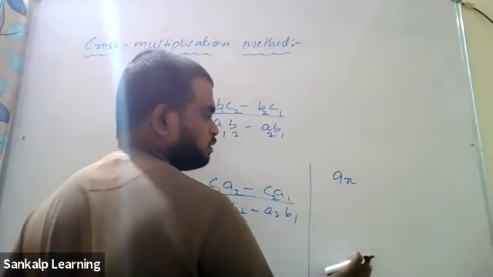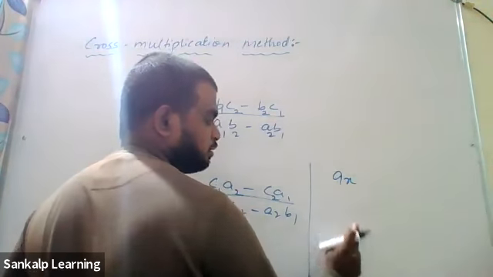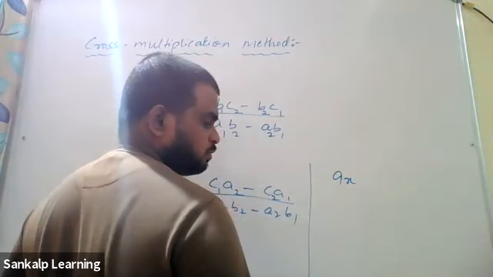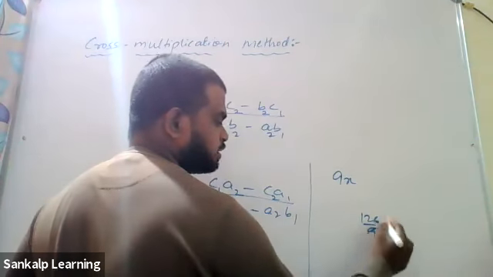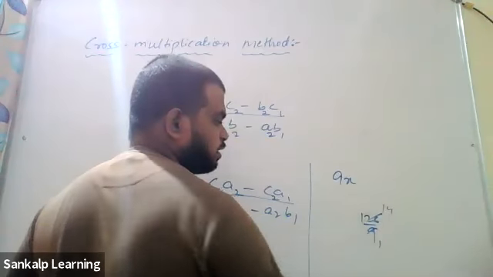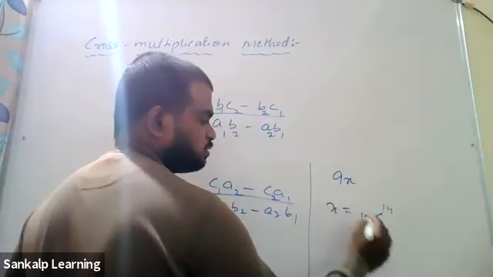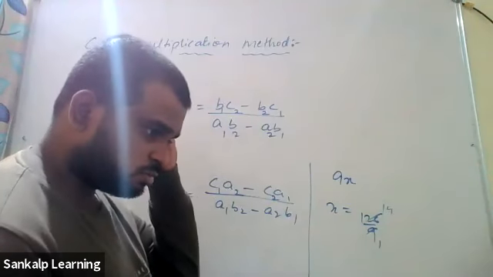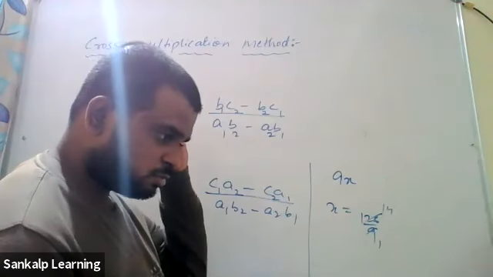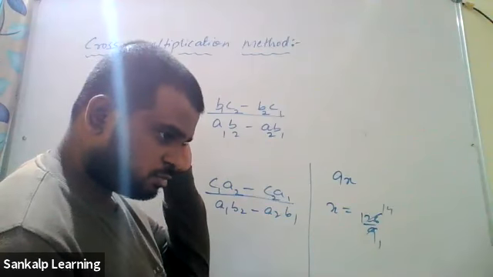The answer is 126 divided by 9. 9 ones are 9, 9 fourteens are 126, therefore 14 will be the answer, sir. X is 14, yes. But you told we should do 108 minus 18.